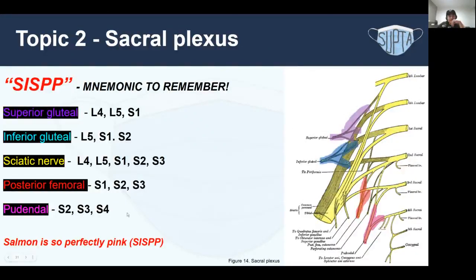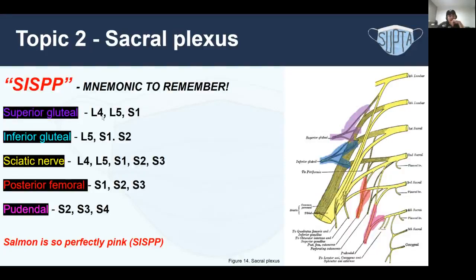The sacral nerve roots are harder to remember, except for maybe the sciatic nerve. But it's similar to the lumbar plexus in that you've got L4, L5, S1. Because if you remember, the lumbosacral trunk connects the two plexuses.